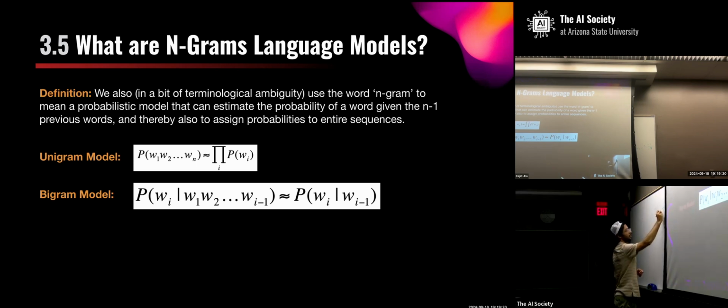Let's consider the probability of "soccer". Probability of "soccer" given will take the last n minus 1 words. n minus 1 is 2 here, so the last 2 words.